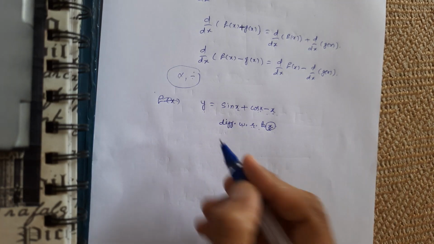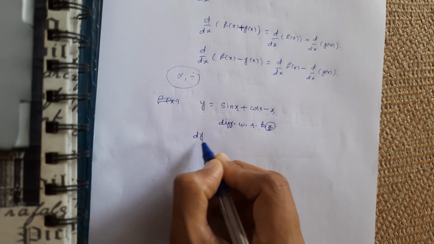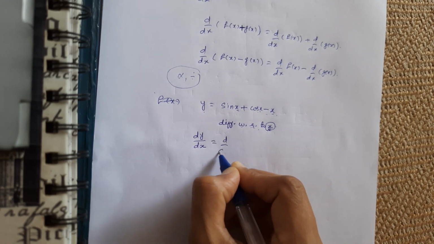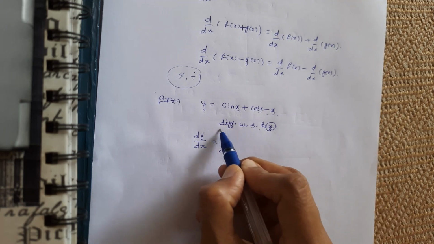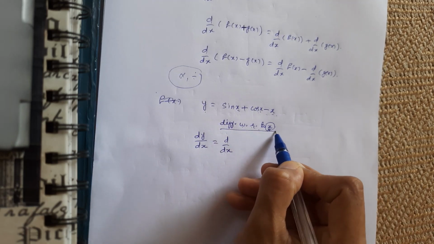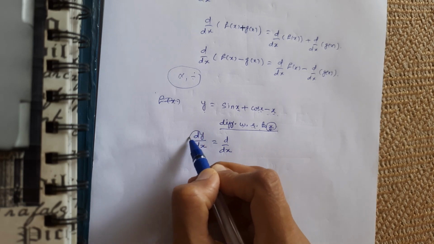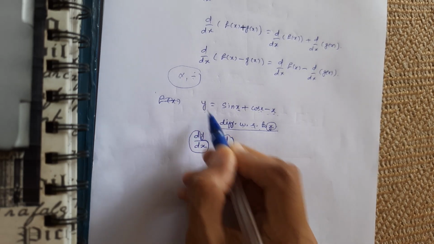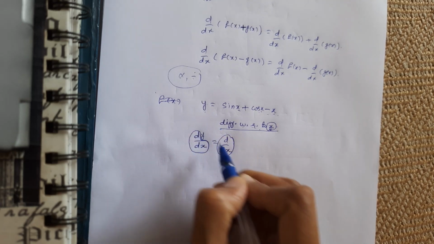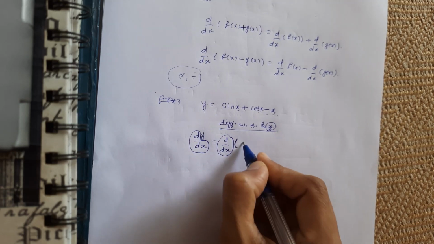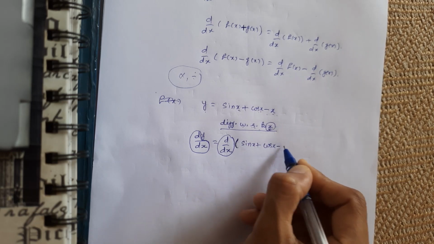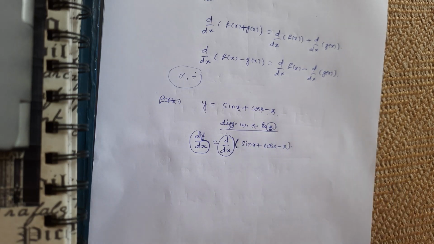So just observe how I am solving it. dy by dx equal to d/dx of, as soon as I write differentiate with respect to x, I am just operating this operator d/dx on both sides of the function. So I write d/dx of y equal to d/dx of sin x plus cos x minus x.